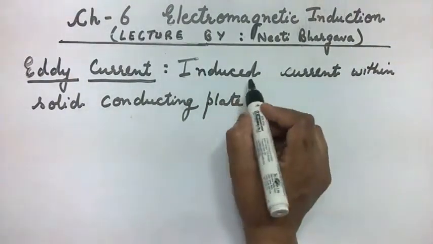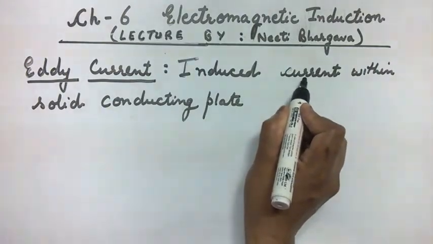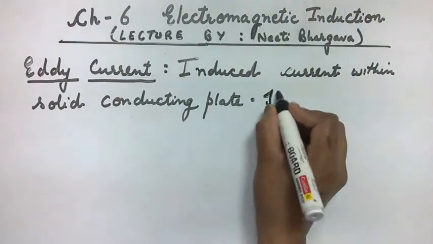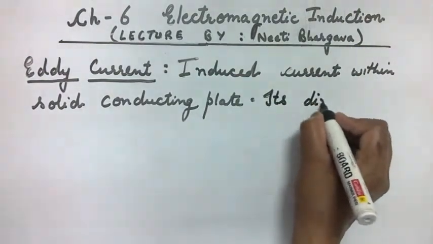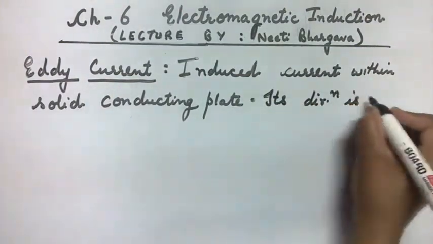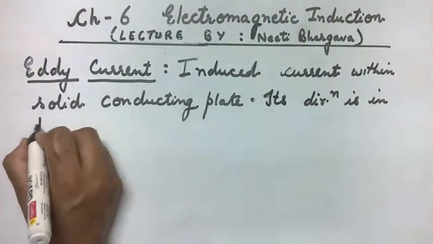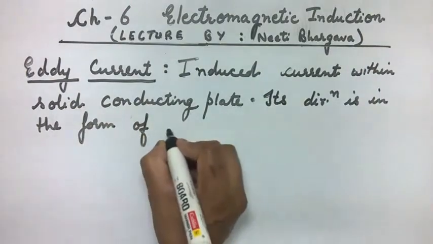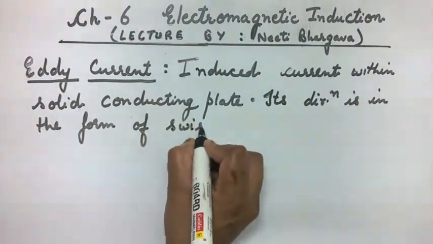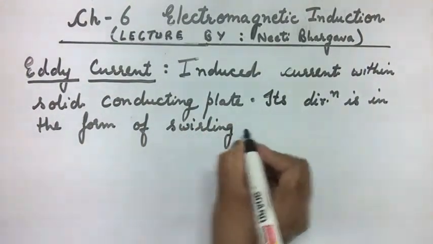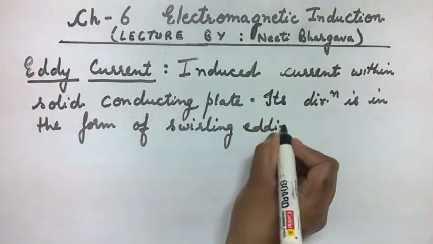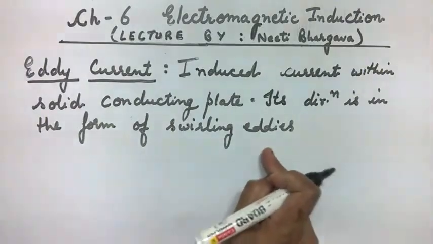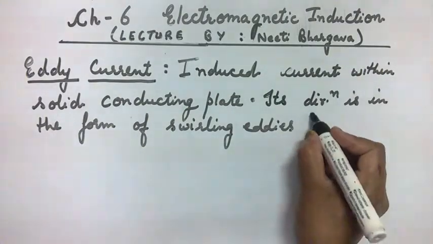And the direction of that induced current is in the form of swirling eddies. That is, the meaning of swirling eddies is circulating in a closed path.